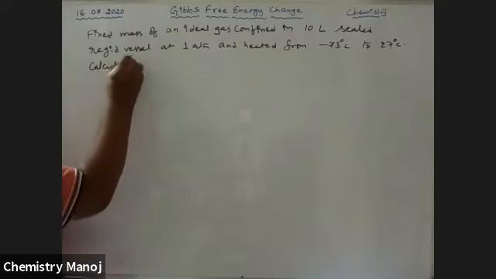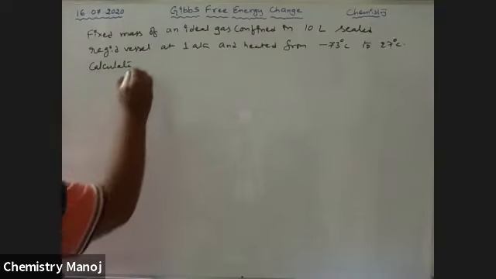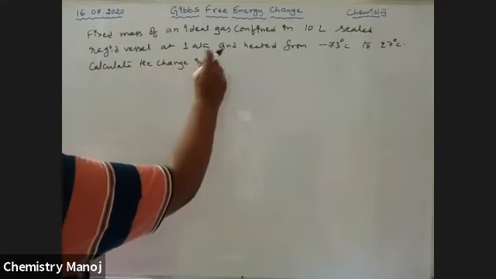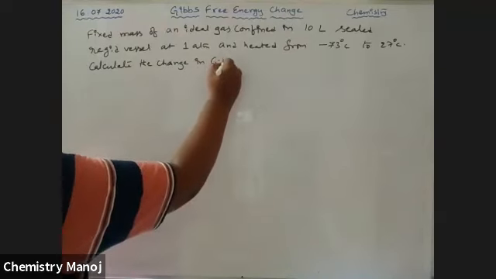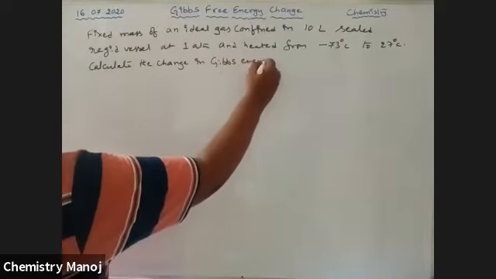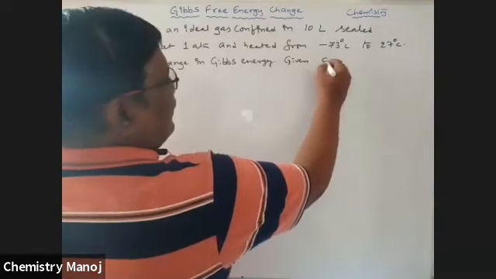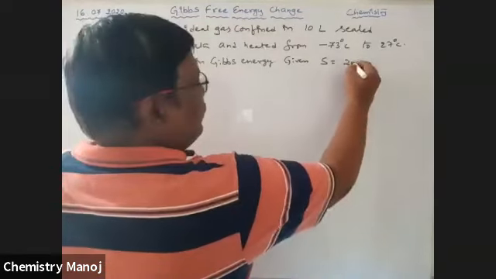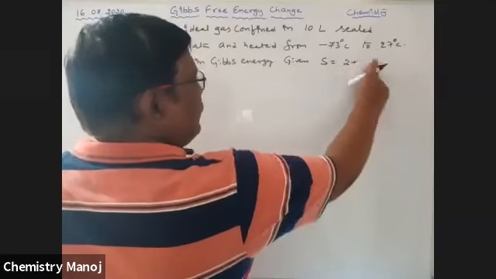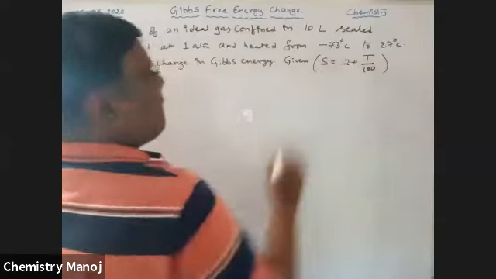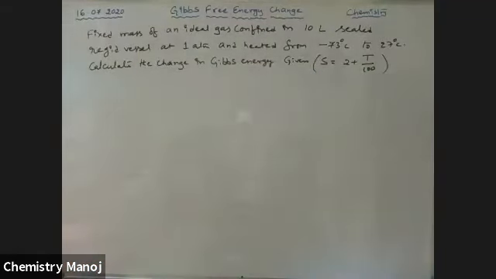Calculate the change in Gibbs energy, given S is equal to 2 plus T by 100.